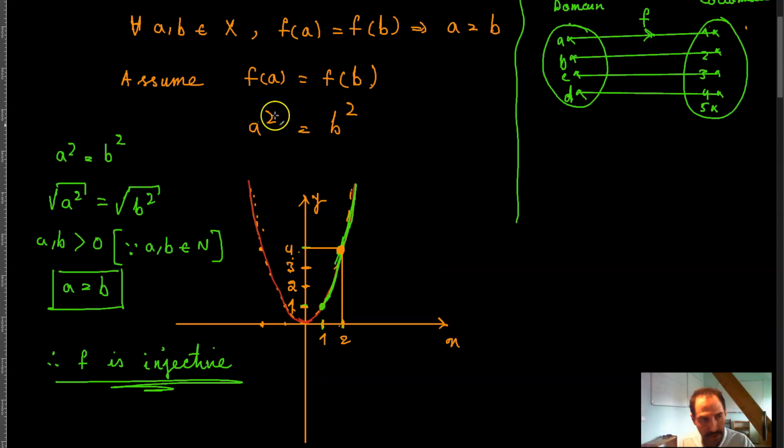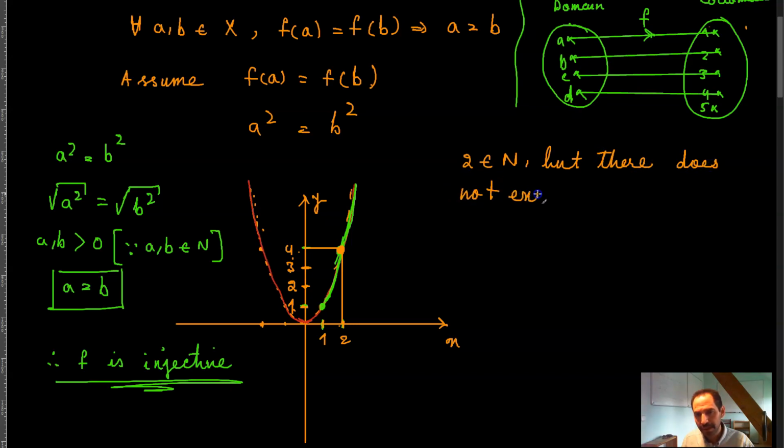So now you can argue that 2 belongs to N, but there does not exist any x in N such that f of x is equal to x squared is equal to 2, for example.